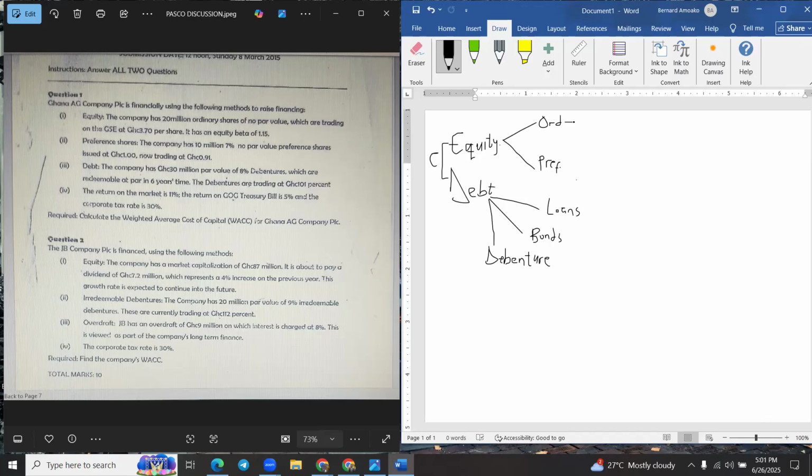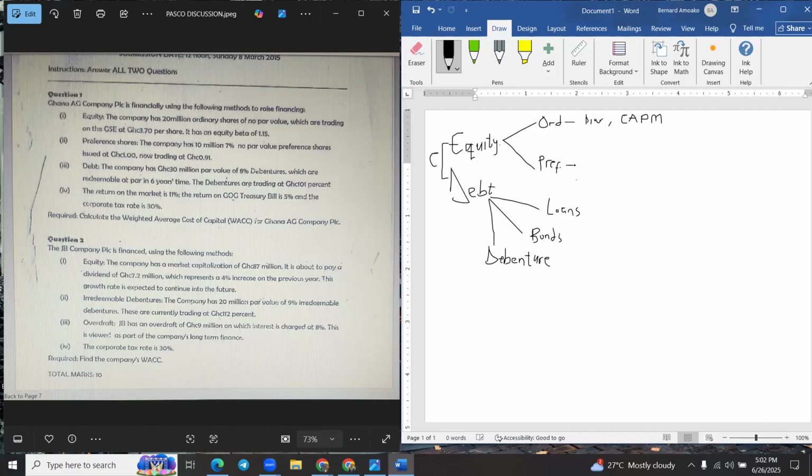For ordinary shares, we can look at the dividend-based approach model, let me say the div model. And we can also look at the capital asset pricing model to determine the cost of capital for the ordinary shares, the CAPM.